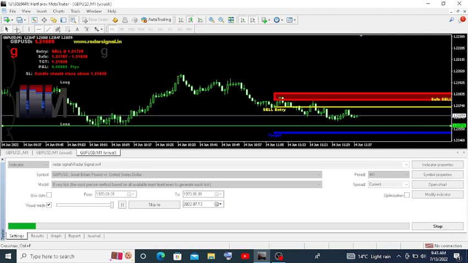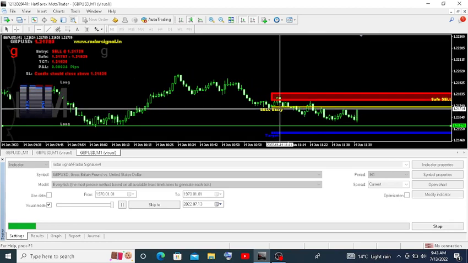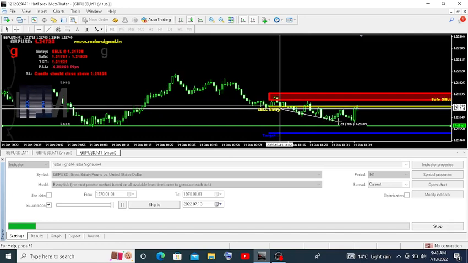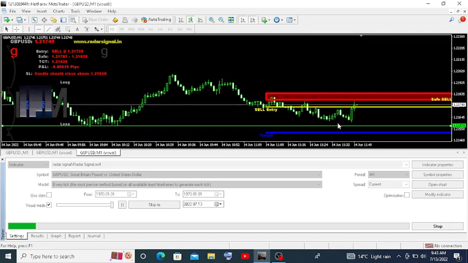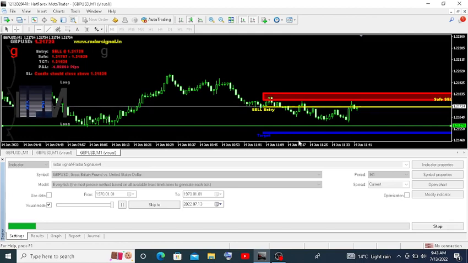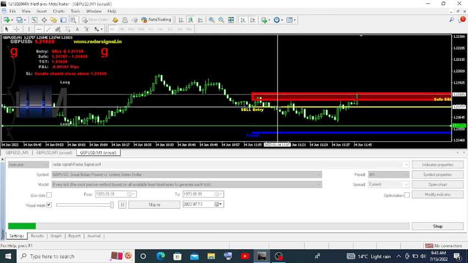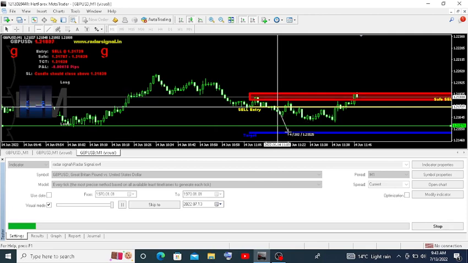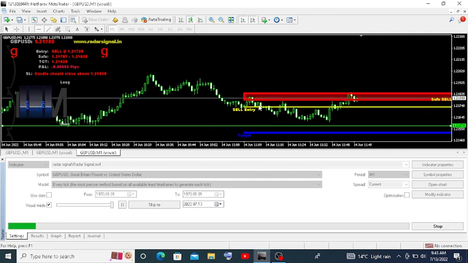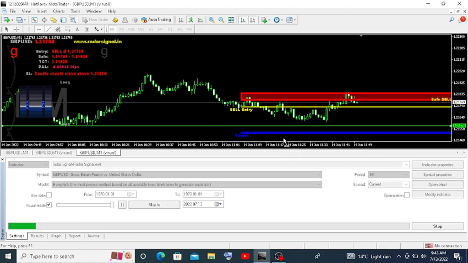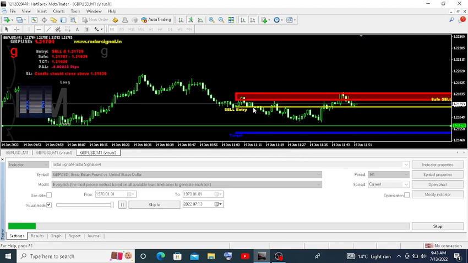For instance, look here. This is the entry, and from here, this is 10 pips. It did not get to the target. Already you close your 10 pips, because it was 20 pips from the sell entry to the target. If you get 10 pips, you close.